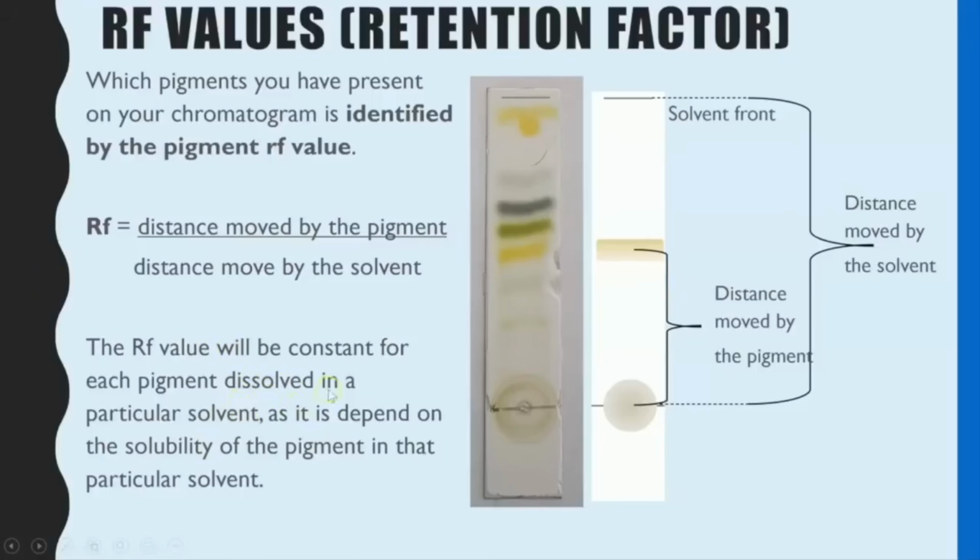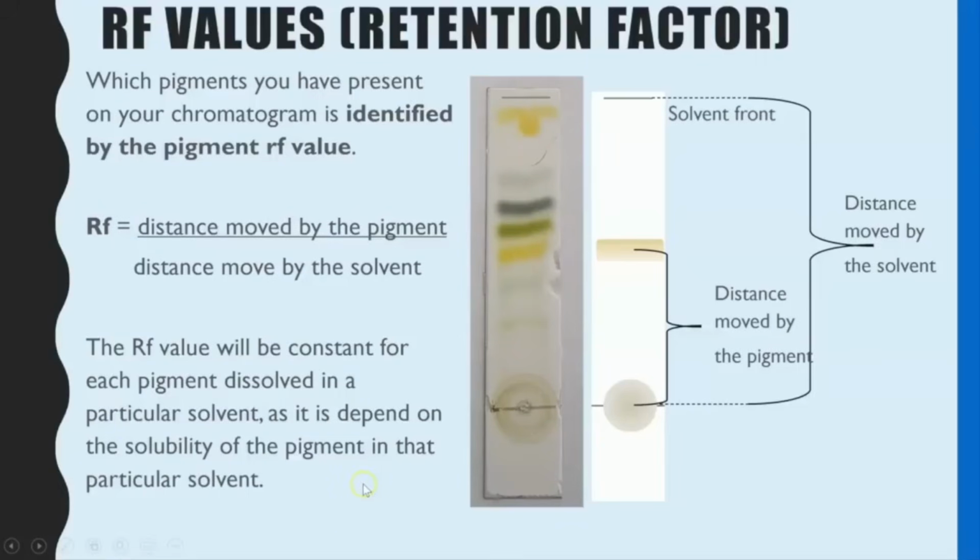The reason for that is each of these pigments has a particular solubility in each solvent, and based on how soluble it is, that determines how far it travels up. So you should then be able to look up a database of RF values, look at your calculated answers compared to the database, and then you can record down which pigments you think you have.